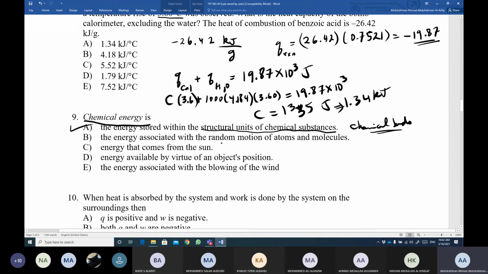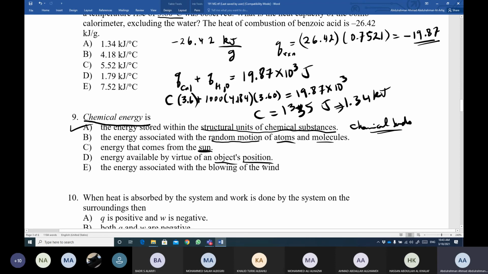The energy associated with random motion, is it related to the random motion? No. Is the energy that comes from the sun? No, of course it's not chemical energy. Okay, we have light energy or wave energy. Is it the energy available by virtue of object position?